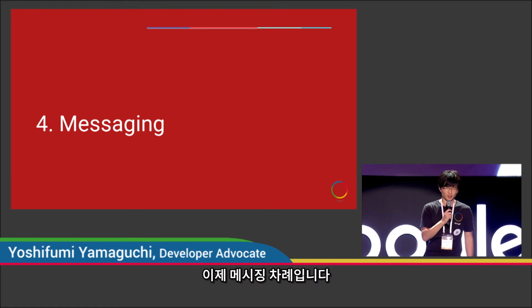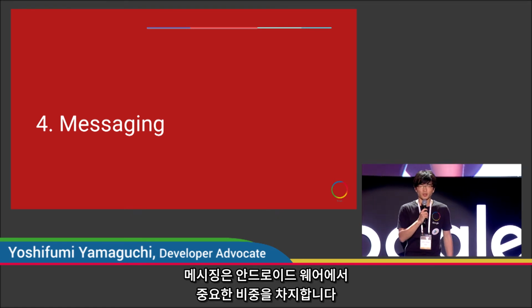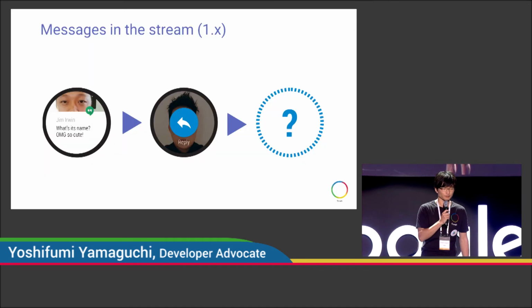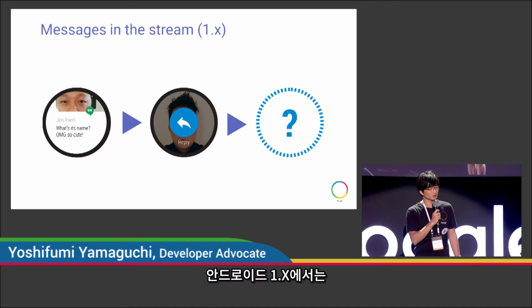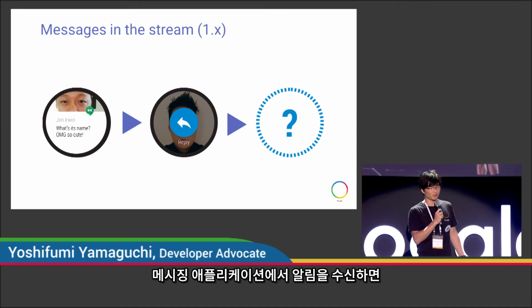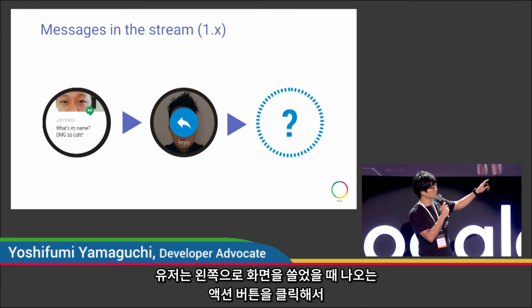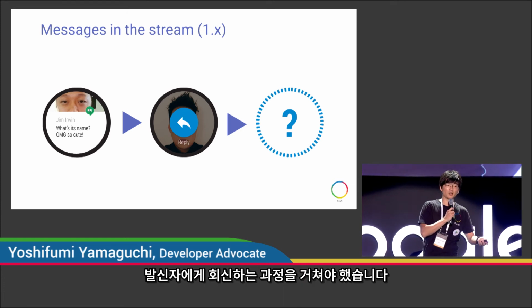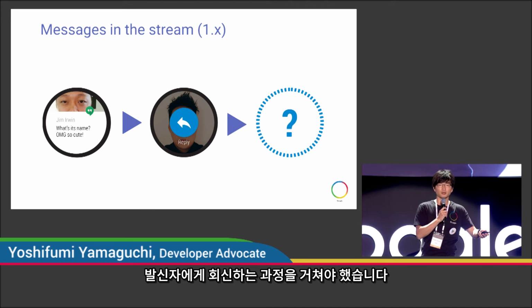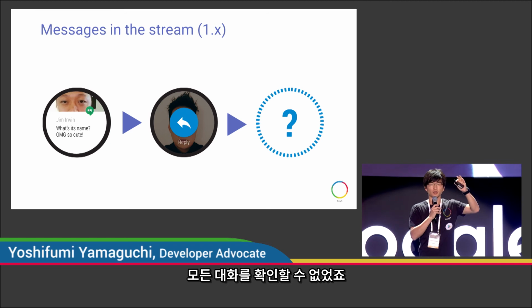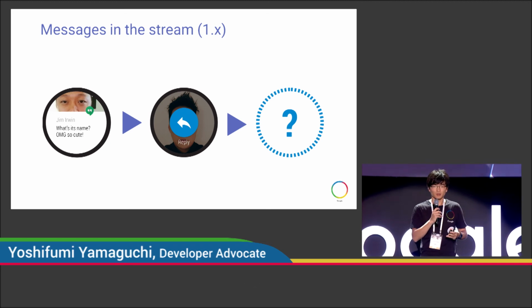And now on to messaging. Messaging is an important part of Android Wear. So in 1.x, if we get a notification from the messaging application, then the user swipes to the left and it shows the action button, then you reply to the sender, and that's it. So you cannot see the whole conversation so far.